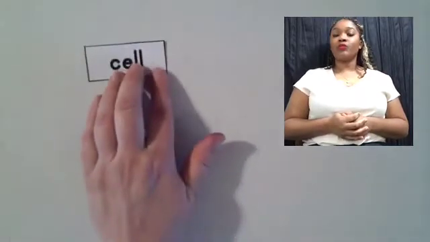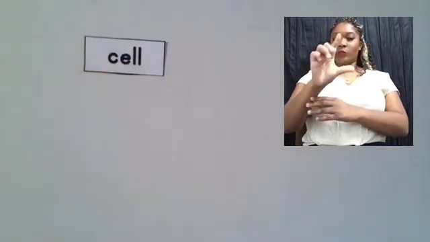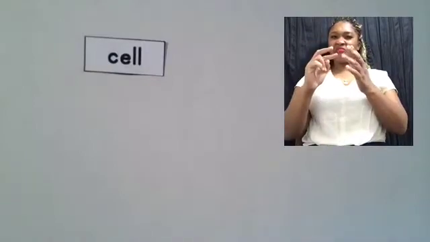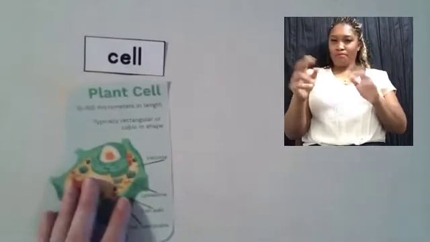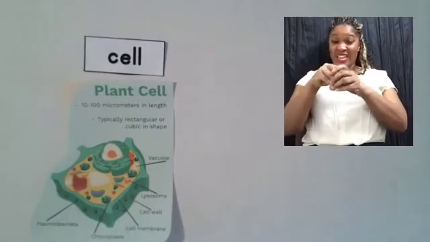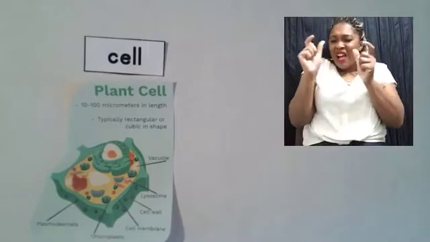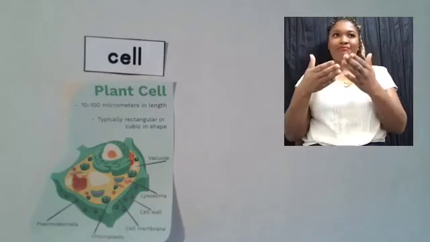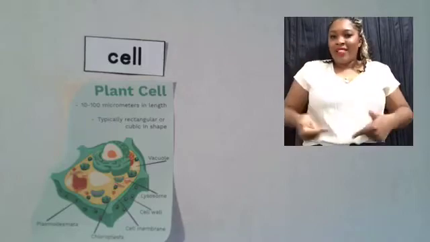The word cell means a small room. Plants have cells, and a cell in a plant is the tiny part that performs the life functions that the plant needs to live.